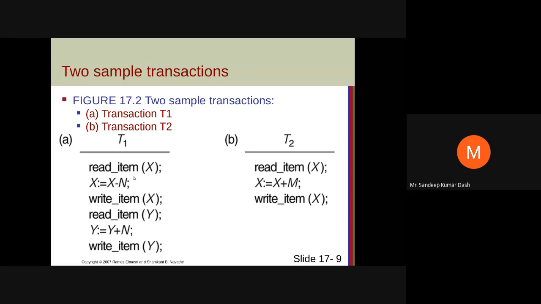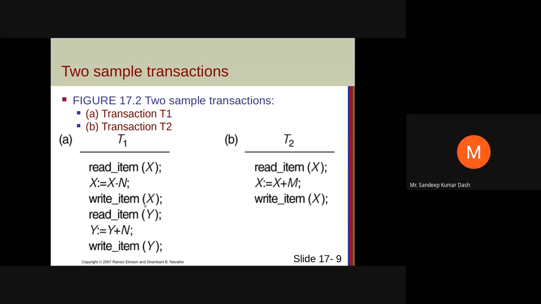Suppose you want to update any data, first you have to read it. First you fetch the data from the database, then modify it, then write it back to the database. So first you are reading, then you are modifying, then you are writing.